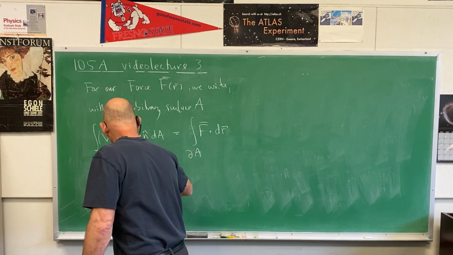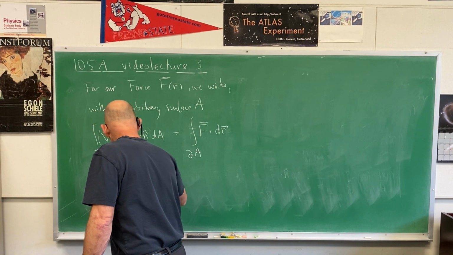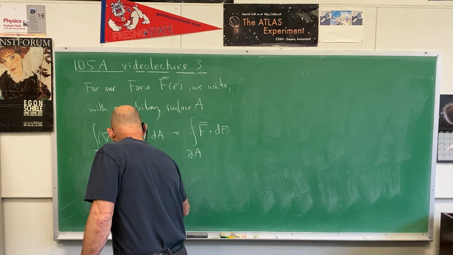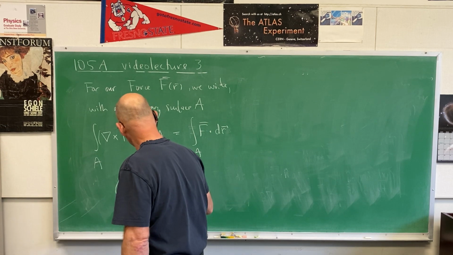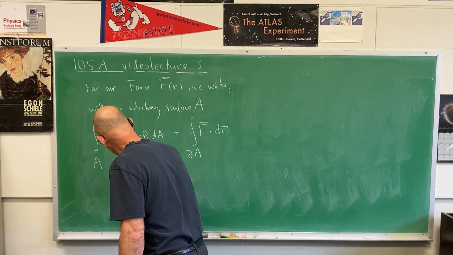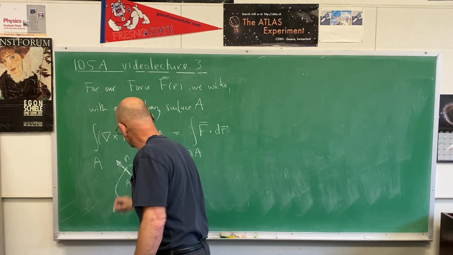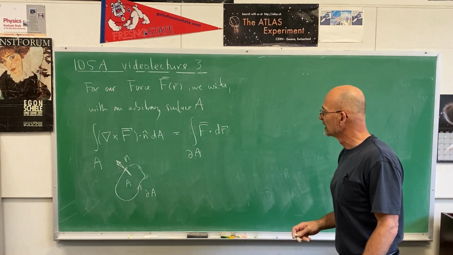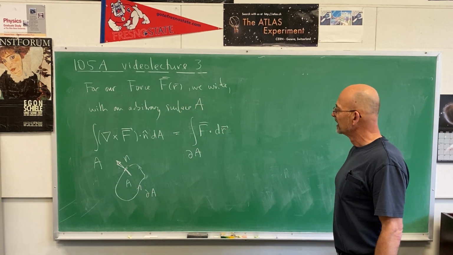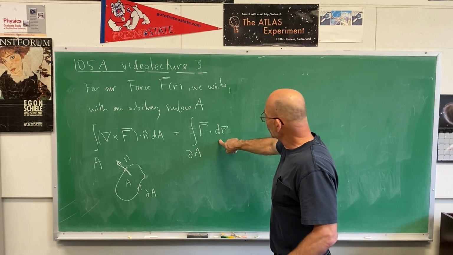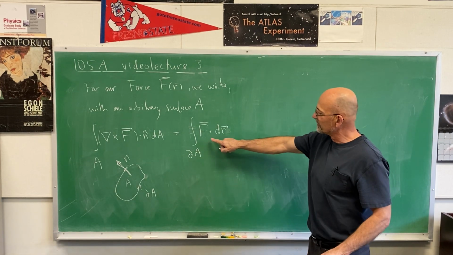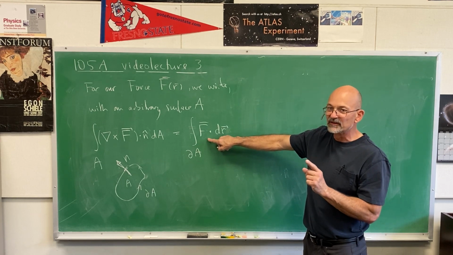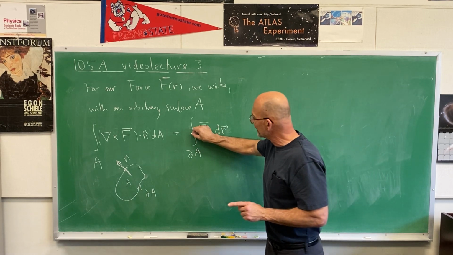And again, here's an arbitrary surface in space. Actually, probably shouldn't have a cusp there. There's the boundary of the surface. There's the surface. The surface normal is sticking out here somewhere. What are we looking at now? Last time, we wanted a closed integral to vanish. In order to have a well-defined potential energy, we need this closed integral to vanish.